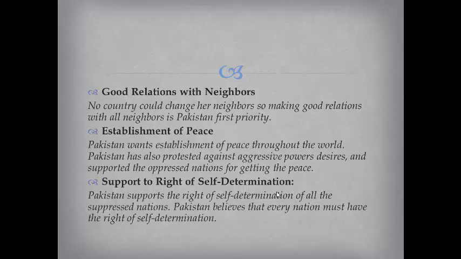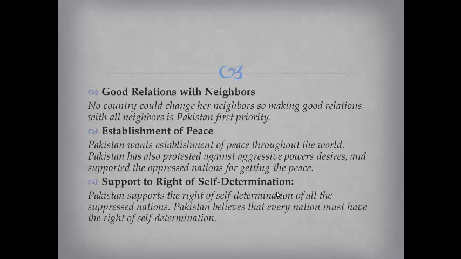Another objective of the foreign policy of Pakistan is support for the right of self-determination. Pakistan supports the right of self-determination of all suffering nations. Pakistan believes that every nation must have the right of self-determination.